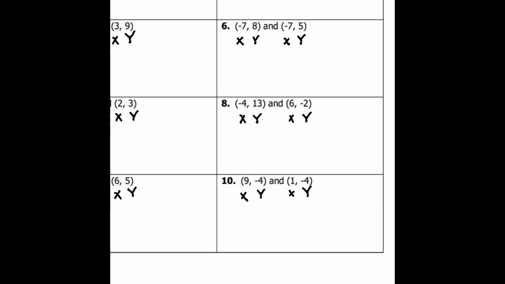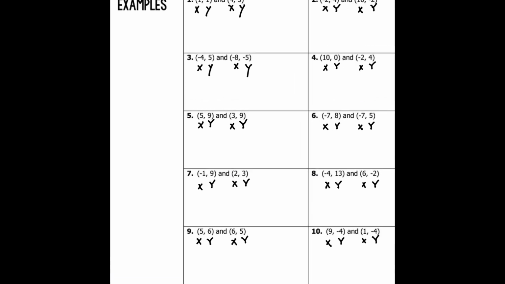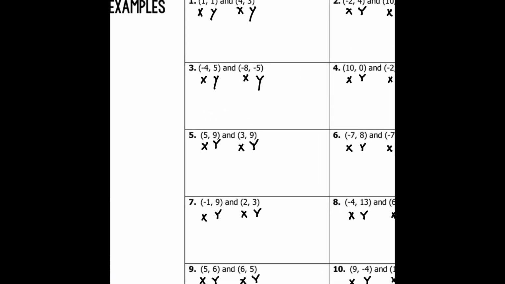Okay, so I have all of my x's and y's labeled. Now I'm going to go and I'm going to put in my 1s and 2s, right? What is my x1s and what are my x2s? What are my y1s and what are my y2s? So this first ordered pair is always going to get the 1s, right?